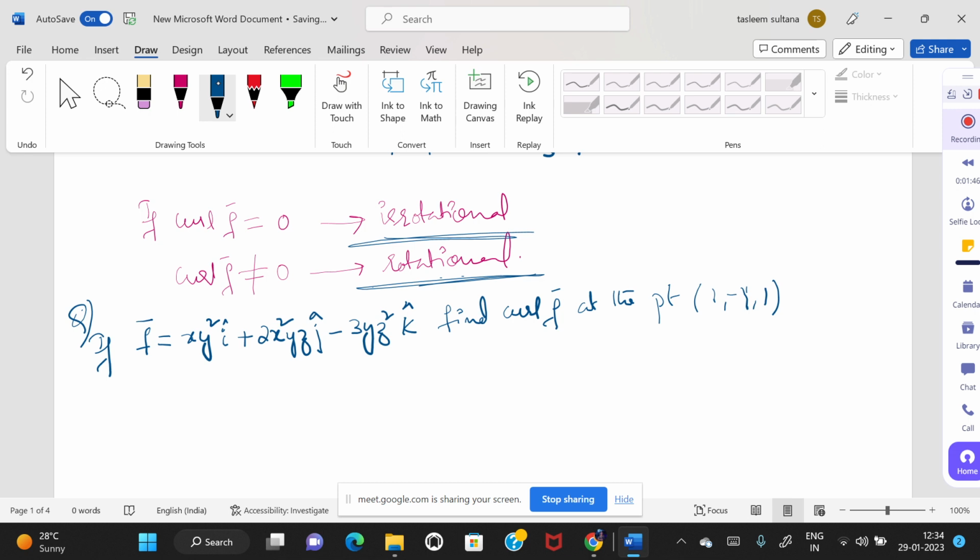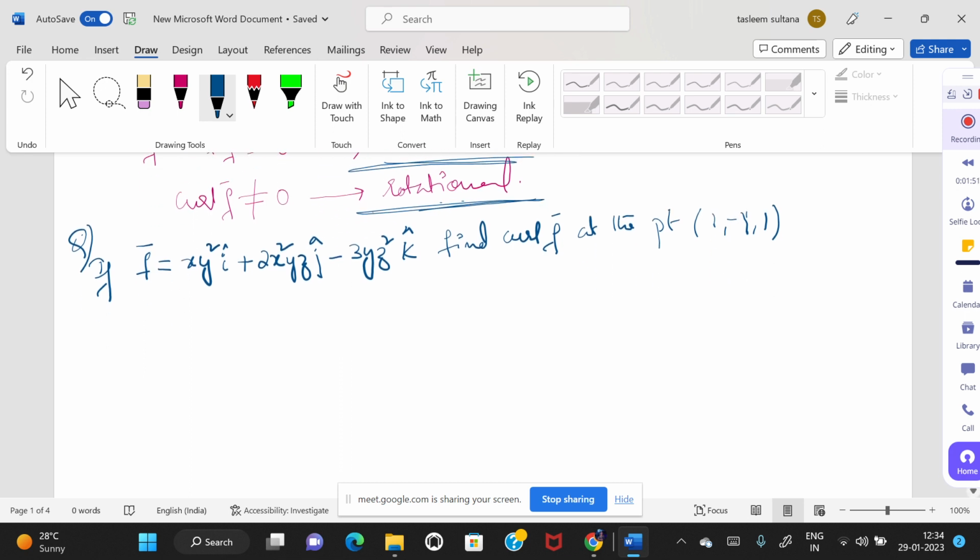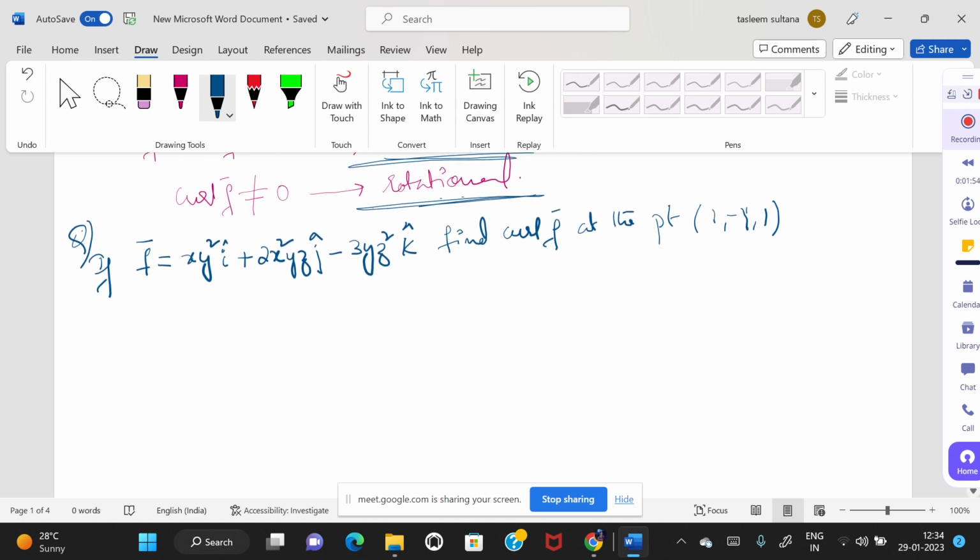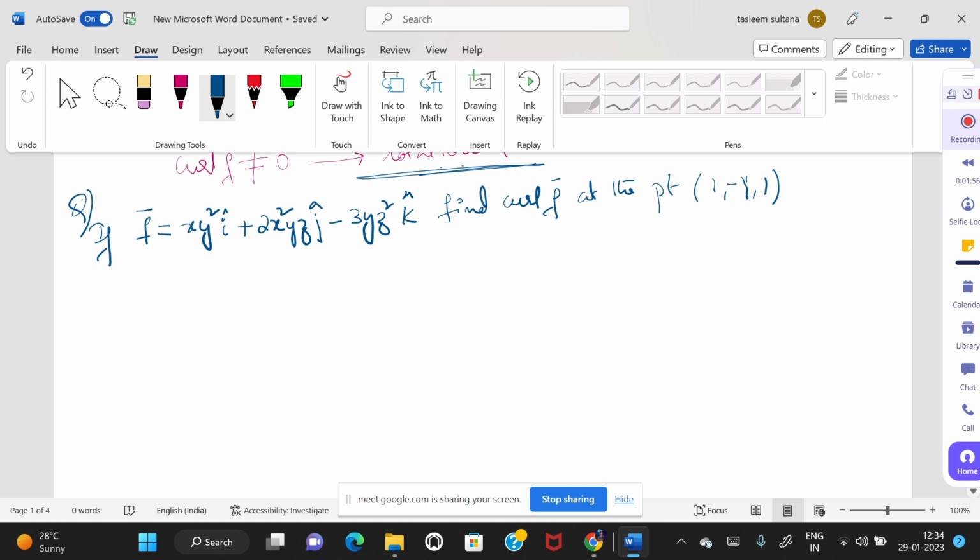First we'll find the value of curl F vector, then later we'll substitute the values of the given point.